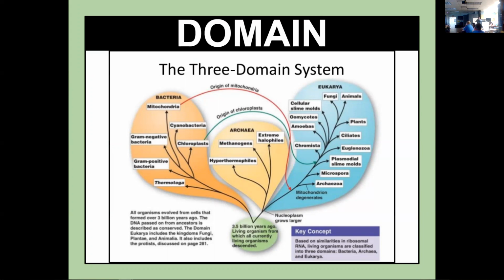So basically, it's the same thing that you were learning, just more divisions. Proto-eukarya split in 2, bacteria and archaea. For 200 years, they used it one way, and then they switched it up a little bit.